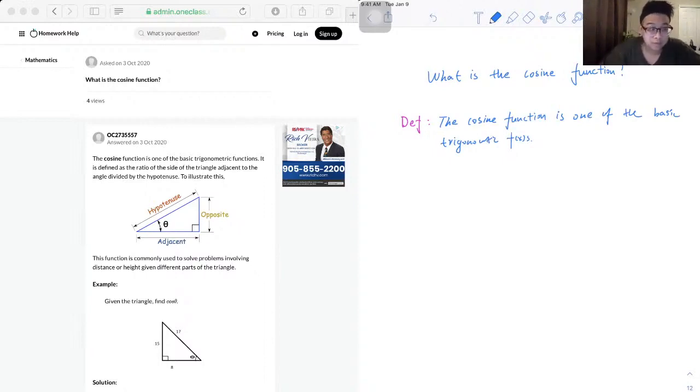And it is defined as the ratio of the side of the triangle adjacent to the angle divided by the hypotenuse.